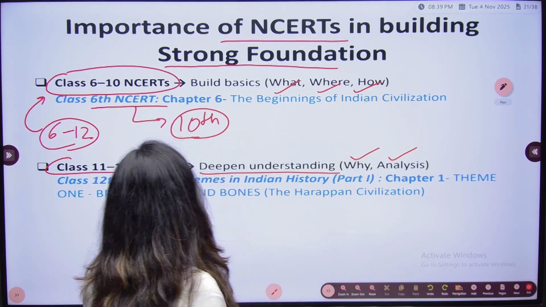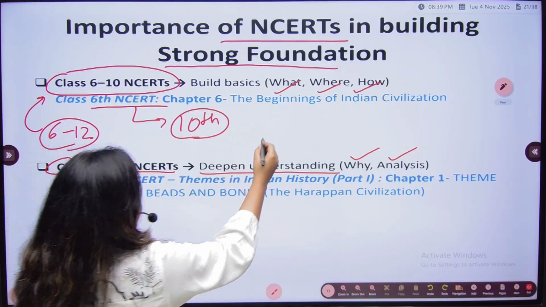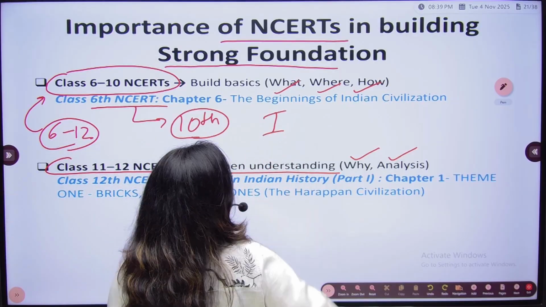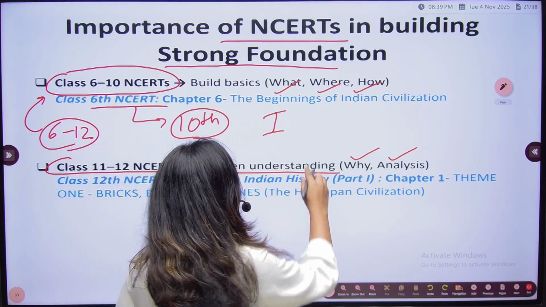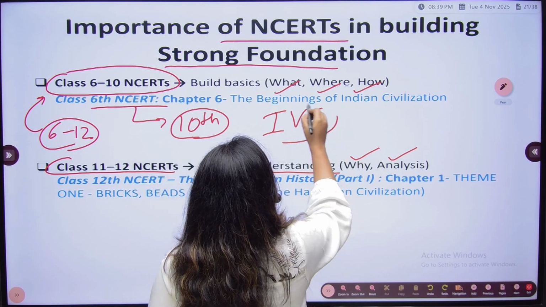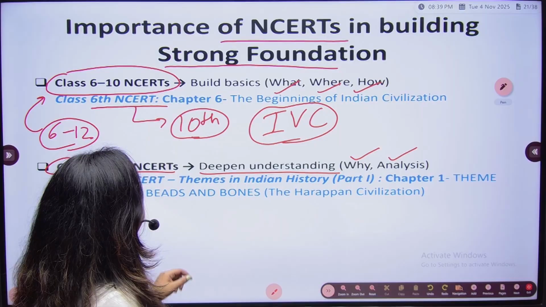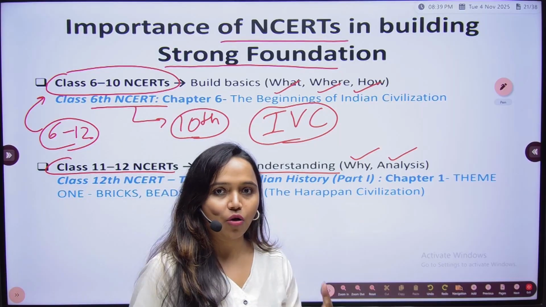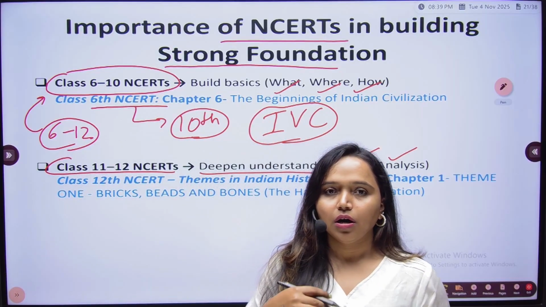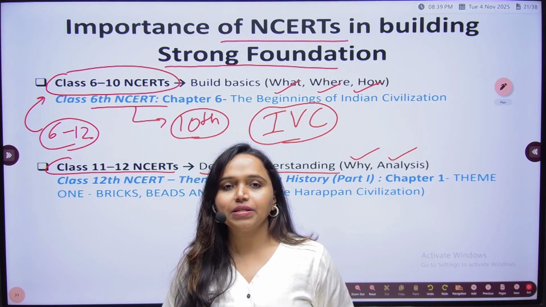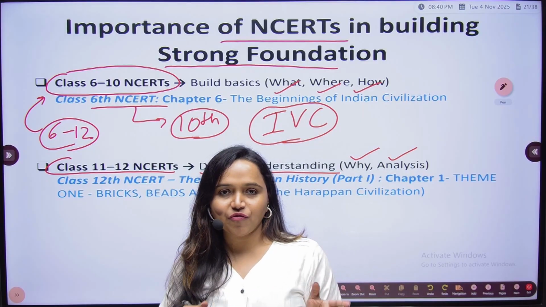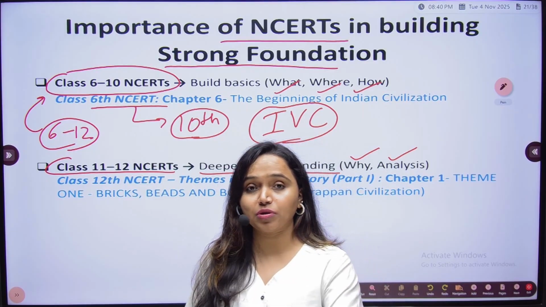So, for example, a very important topic when it comes to preparation of any competitive exam is Indus Valley Civilization. In class 6 NCERT, there is a chapter 6. This is how we have tried to see each NCERT from the lens of different topics which are important from your syllabus.